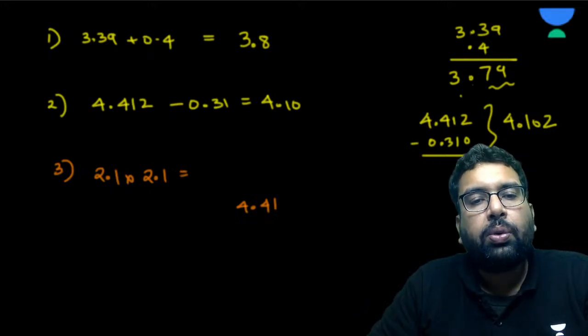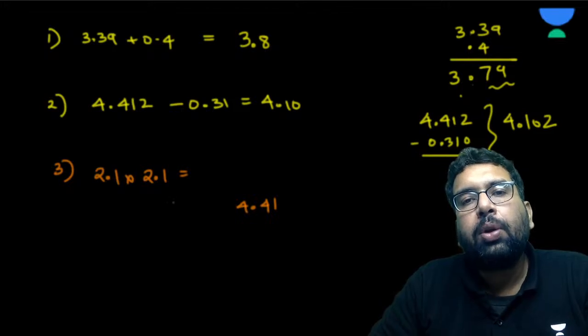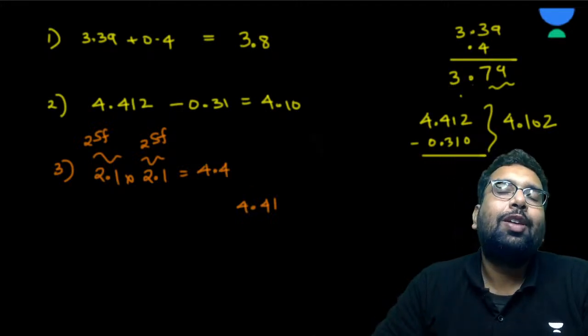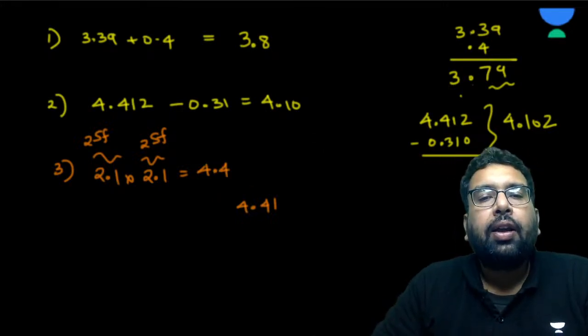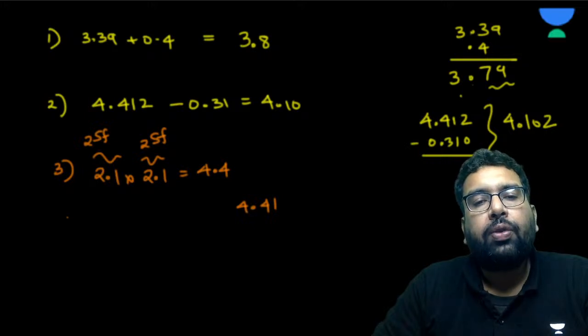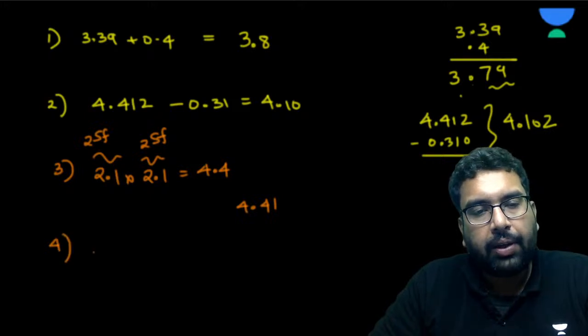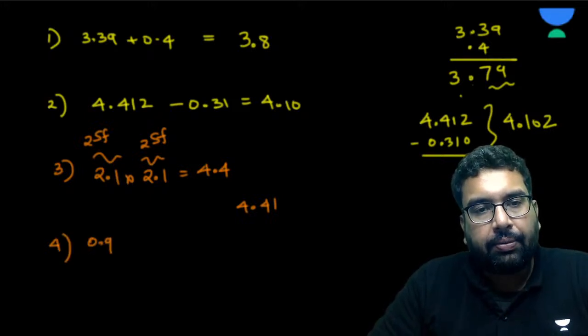We have to reduce this answer to the same number of significant figures as present in the value with the least significant figures. Both have two significant figures, so the final answer must have two significant figures. When rounding off, you must be careful with the rounding rule. Understood?